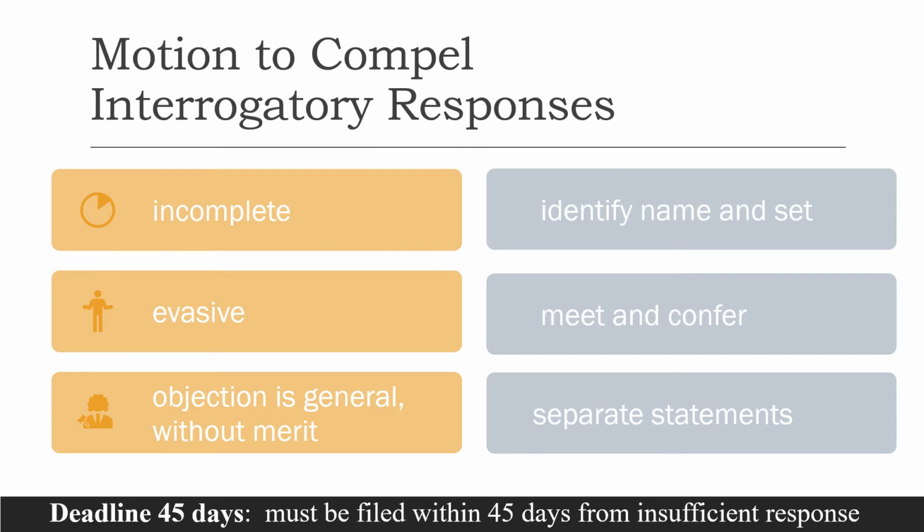First, you have to identify the name of the person in question and the set number in question. You would meet and confer with opposing counsel, and then you would create a separate statement. The deadline to file would be 45 days. It must be filed within 45 days from the insufficient response.